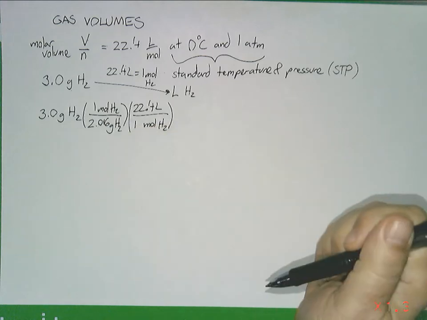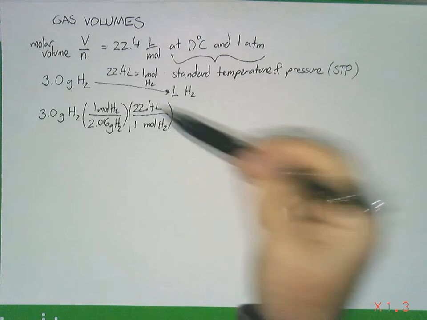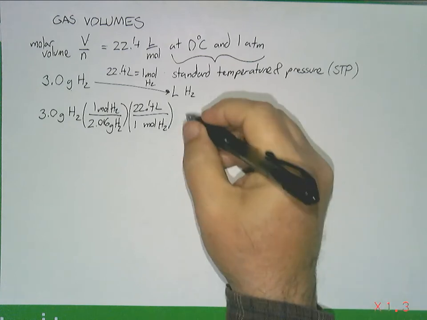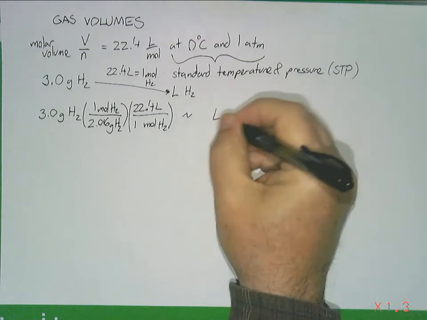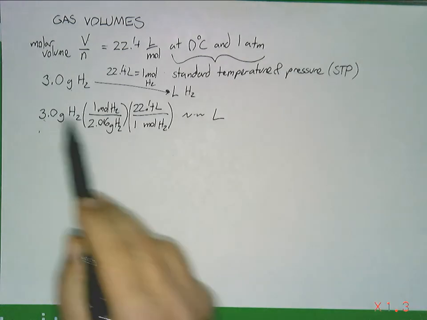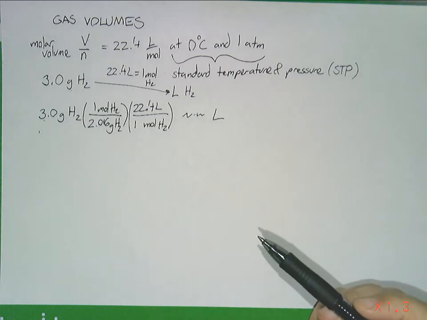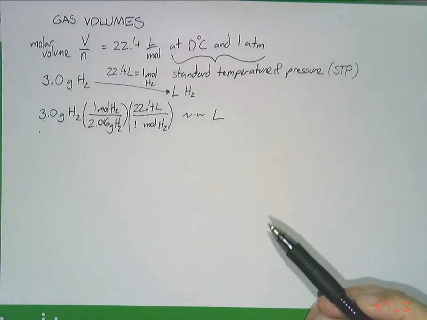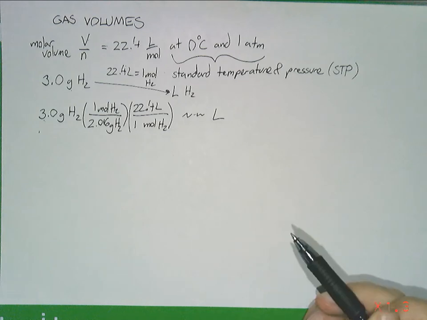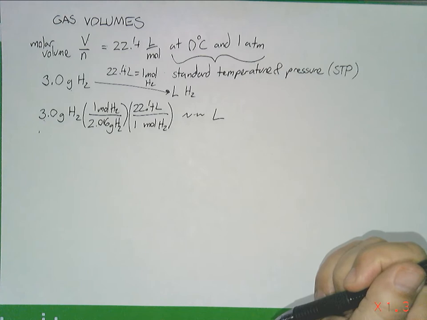So 3 divided by 2 is about 1.5. So this would be something like 33 liters, whatever it's going to be. And if I started out with 2 significant digits here, I'll round off my final answer to 2. So this is a way to link an amount of gas, moles or grams, with a volume of gas.